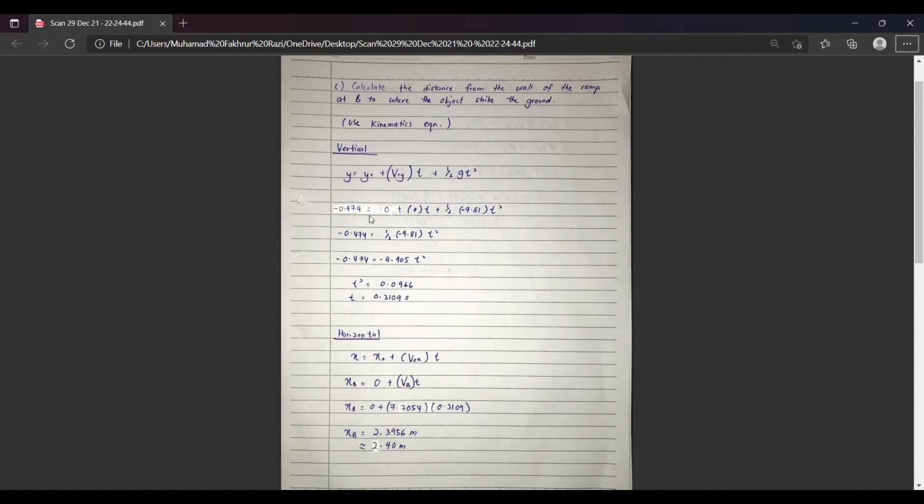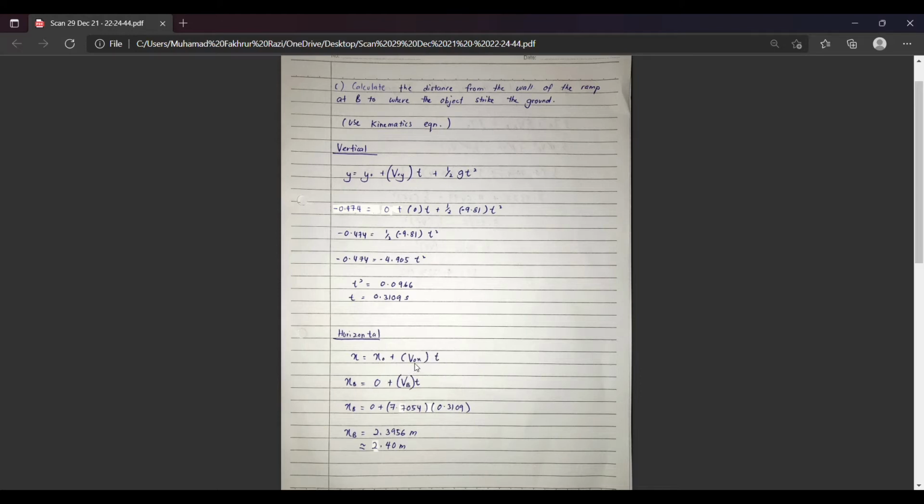So, negative 0.474 equal to 0 plus 1 over 2 times g, negative 9.81, times t squared. So we get t equal to 0.3109 second.